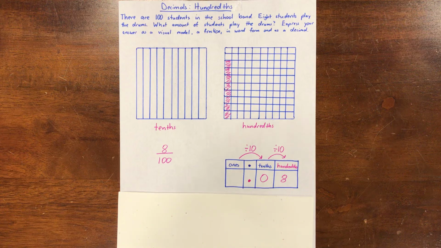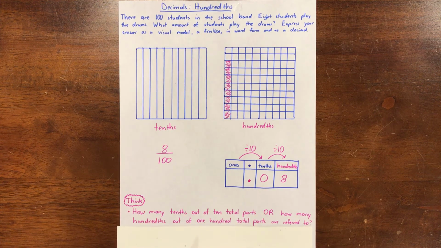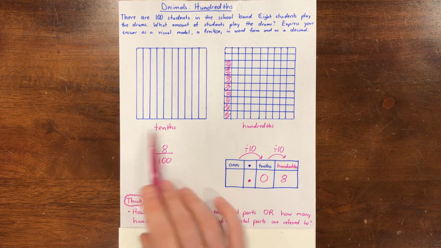Okay, so I'm curious, what do you think we should be thinking about when we're trying to write an amount as a decimal? Say it out loud. Right. Read it with me. We could be thinking how many tenths out of 10 total parts, that'd be here, right?